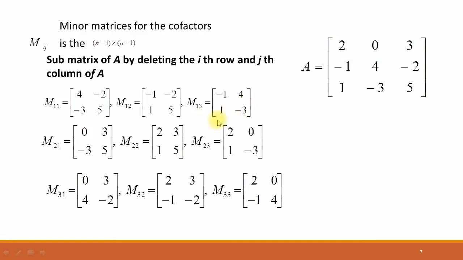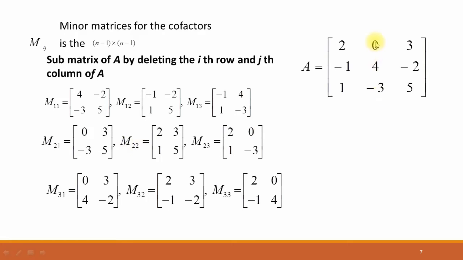Now find the minor matrices along R2. M21 means delete the second row and first column. We have the minor matrix 0, 3 and minus 3, 5. Now find the minor matrix M22.